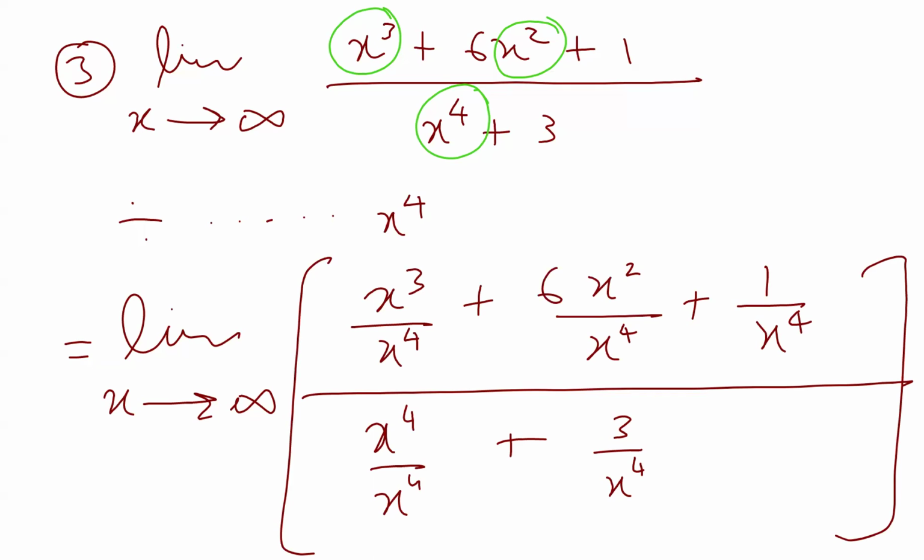Now all cancellations. This will be 1. This x cube is gone. This will be x square.